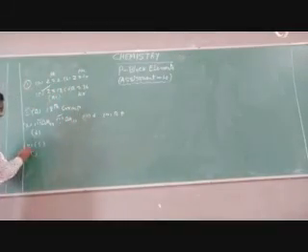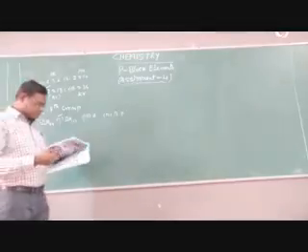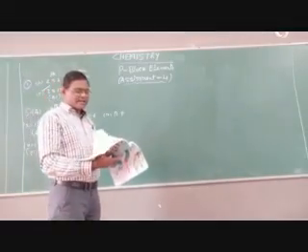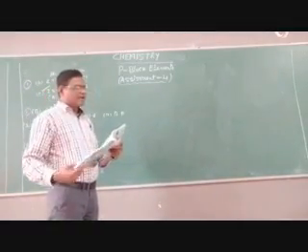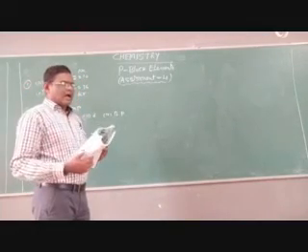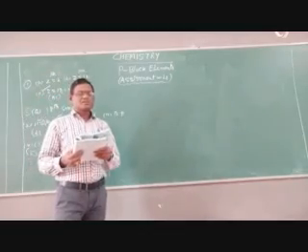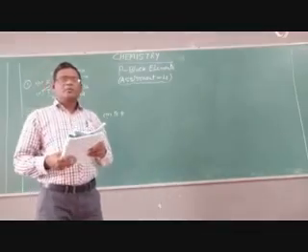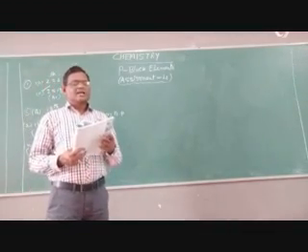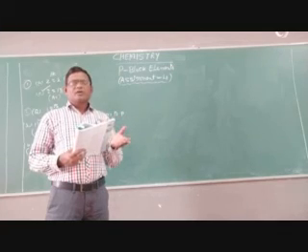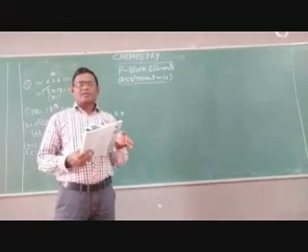Next goes to the fifth one. In the fifth one, noble gases have very low boiling points because of what reason? Presence of dispersion forces or van der Waals forces.